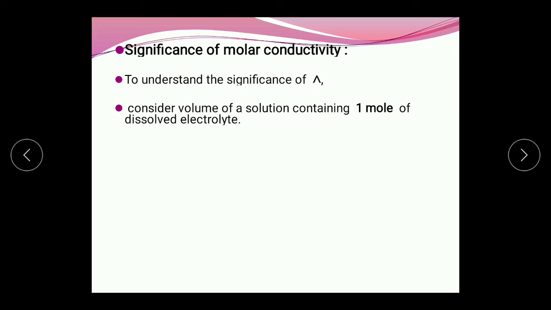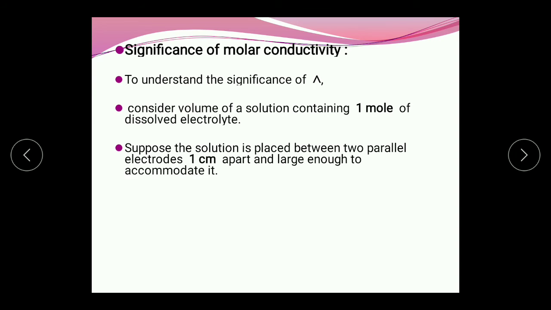So if we take 1 mole of electrolyte and dissolve it in a certain amount of volume, then that volume of solution containing 1 mole of dissolved electrolyte is taken. We are going to understand the significance of lambda.